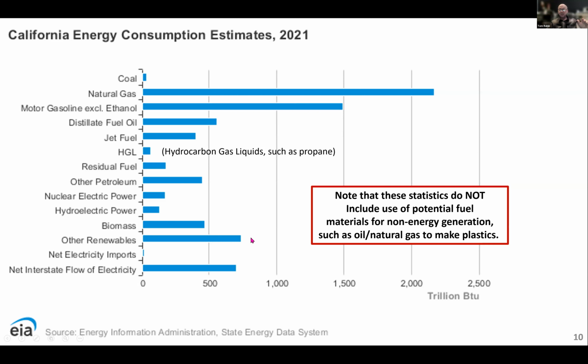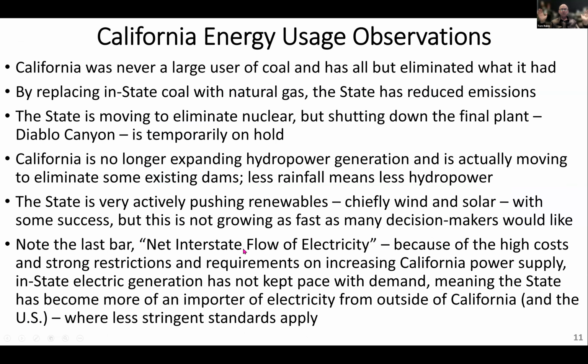Now, again, this is for energy. This does not count using petroleum or natural gas in industry for its chemical properties. So again, we were never a huge user of coal. By replacing it with natural gas, we have substantially reduced emissions.